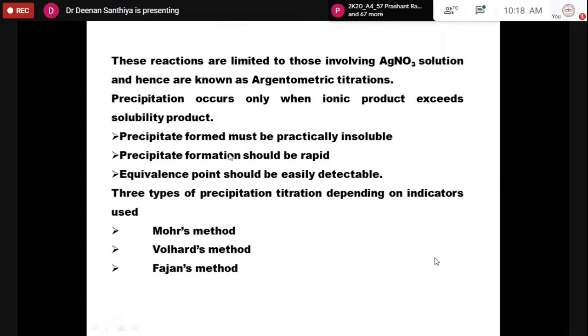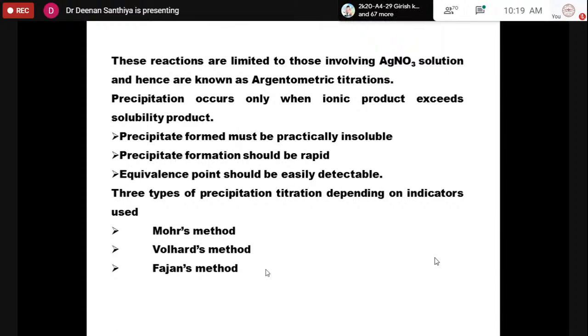The precipitate formed must be practically insoluble. Precipitate formation should be rapid, very fast. The equivalence point should be easily detectable.